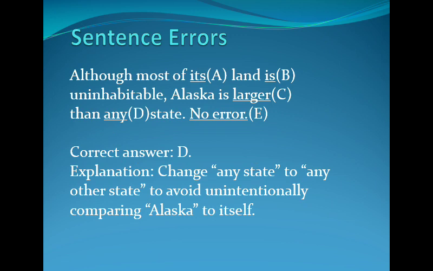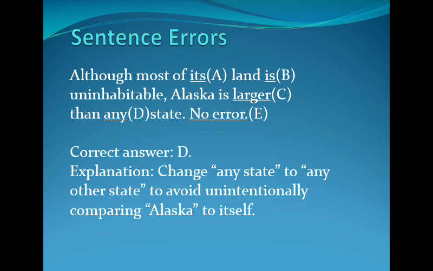Although most of its land is uninhabitable, Alaska is larger than any state. As you can notice over here, the answer they say is D. But the thing is, we should know when we are comparing two things, that is, we are comparing Alaska to any state. Now, we are not comparing Alaska to one particular state, whereas we are comparing Alaska to all other states available maybe in the US, or in that particular country.